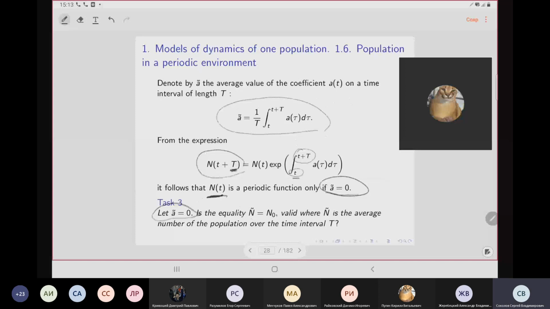If n tilde is an average population over the period, will this condition be satisfied? It's not that complicated. You can just calculate the average value along the period and you'll see. So is it valid or not?